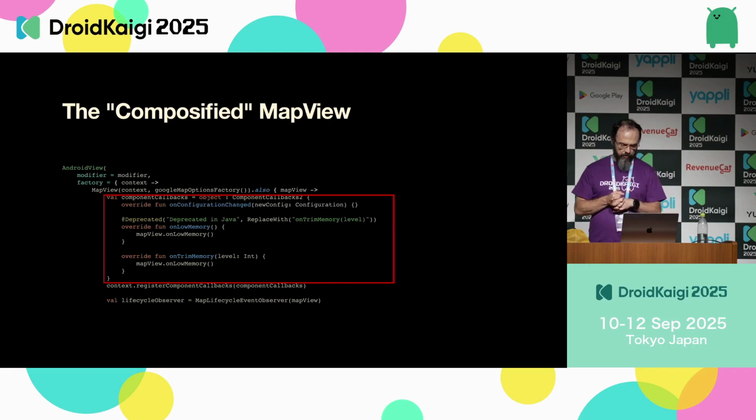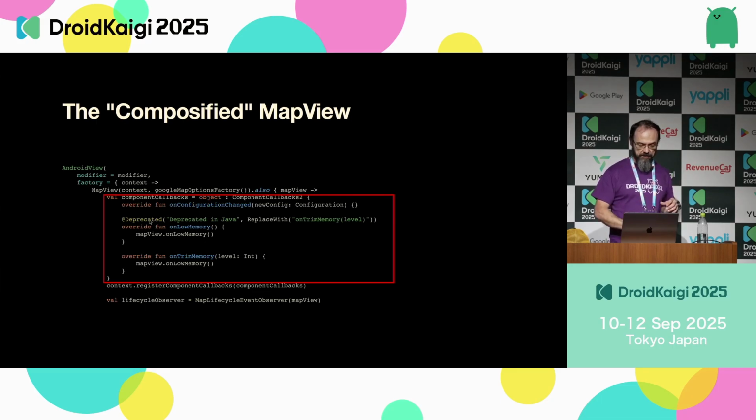MapView requires a ComponentCallbacks, which you can use to determine what happens when the configuration changes or when the device is on low memory. In this case, you can see that for the onLowMemory case, there is one that is deprecated in the ComponentCallbacks itself.